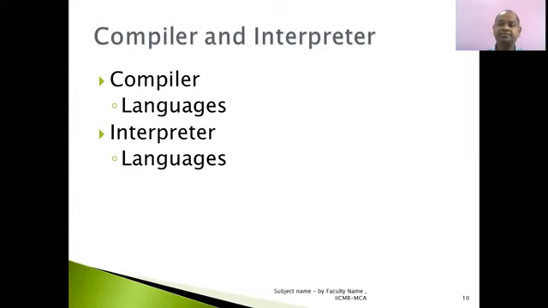This will be done by the compiler and the interpreter. So what is a compiler? The compiler will take your source code and compile it into an intermediate language, and this intermediate language is then converted into the low-level or machine understandable language. Then the machine will execute this code. Examples of compiler-based languages are Java, C, C++.